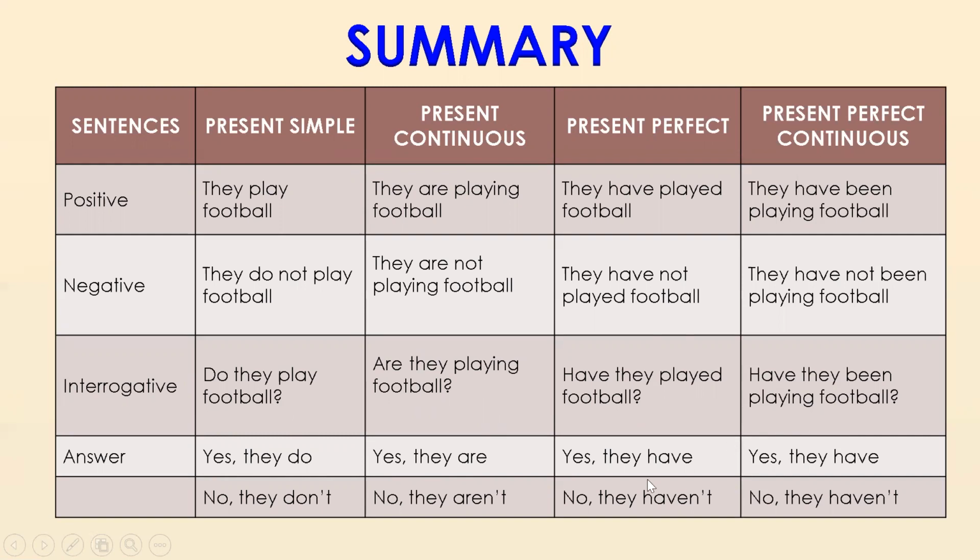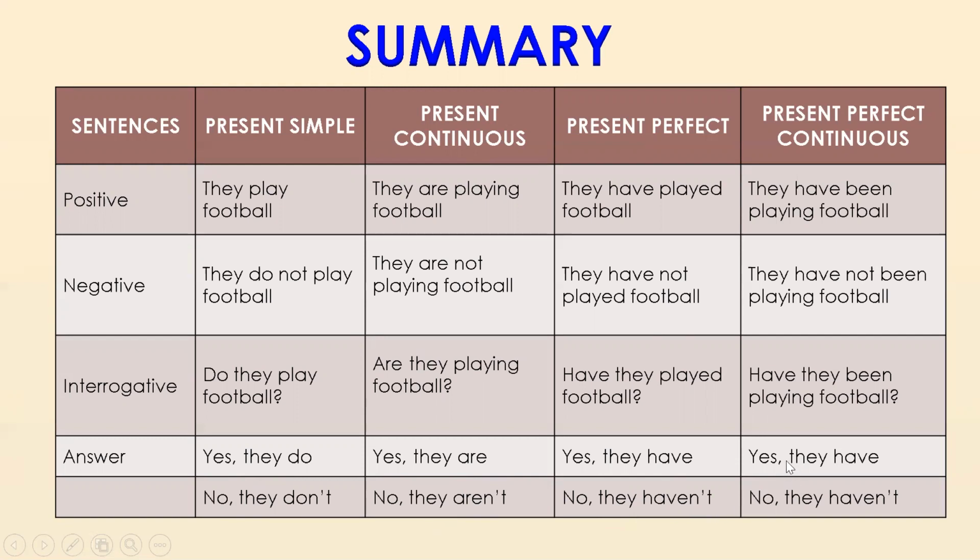Right? If you want to answer for the present tense, you will say yes, they do, or no, they don't. For the present continuous tense it will be yes, they are, no, they aren't. And then present perfect tense will be yes, they have, or no, they haven't.